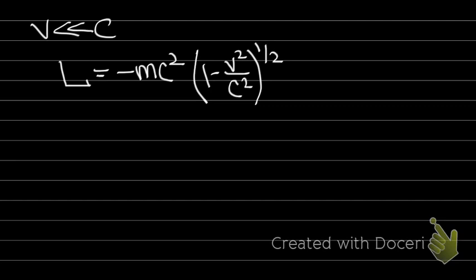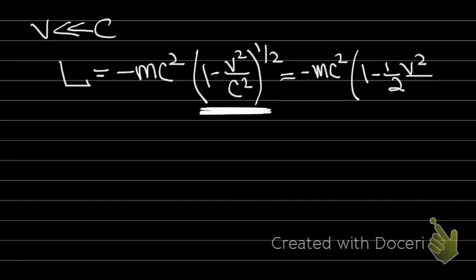Let me apply the binomial expansion on this term, and what I get is negative mc squared times 1 minus 1/2 v squared over c squared.